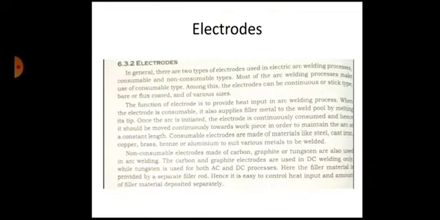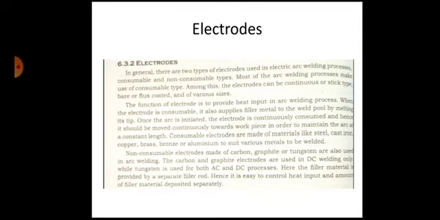Then electrodes, that is welding electrodes. In general, there are two types of electrodes used in electric arc welding process, that is consumable and non-consumable electrodes. Most of the arc welding processes make use of consumable type electrodes. Among these, the electrodes can be continuous or stick type, bare or flux coated, and of various sizes.